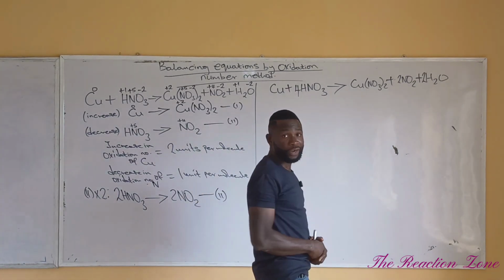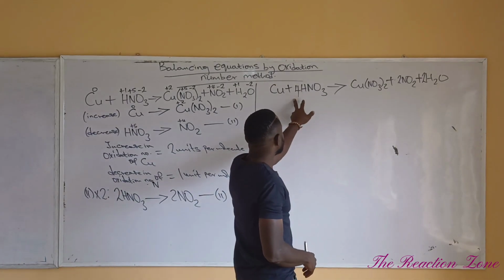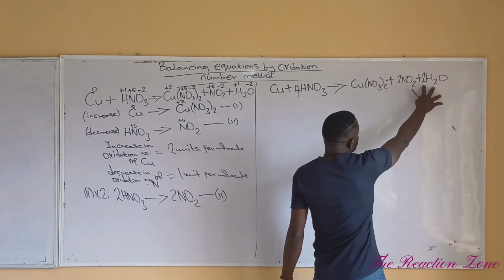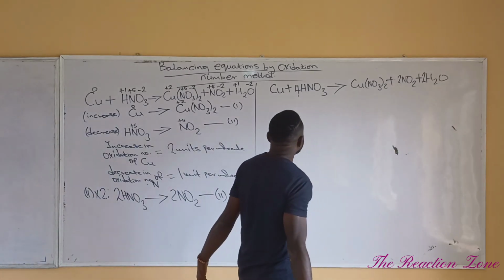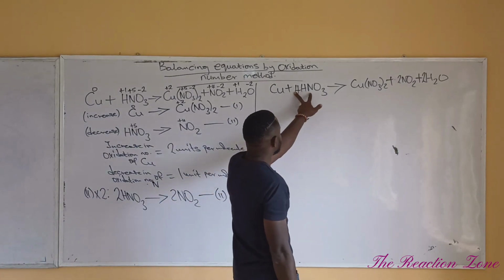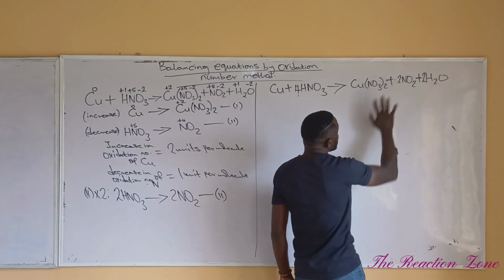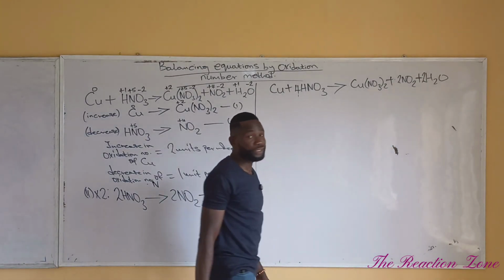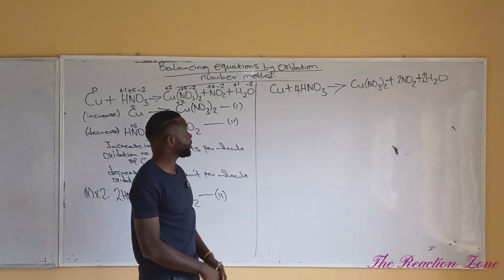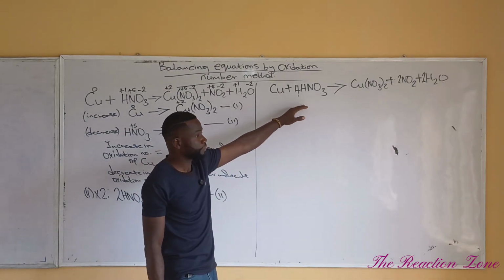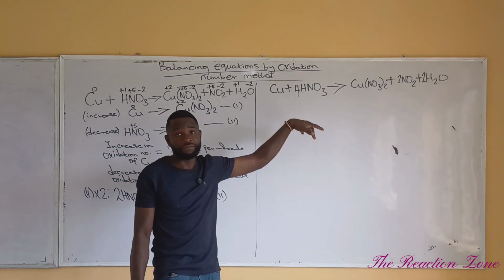Let us also check if hydrogen is balanced. Hydrogen here is 4, hydrogen here is 4. And nitrogen, 4, nitrogen here 2 plus 2, that is 4. So that tells you that everything is balanced. And this is the balanced chemical equation using the oxidation number method.